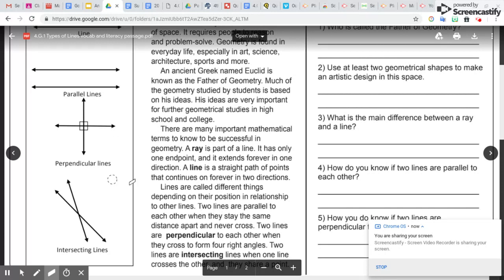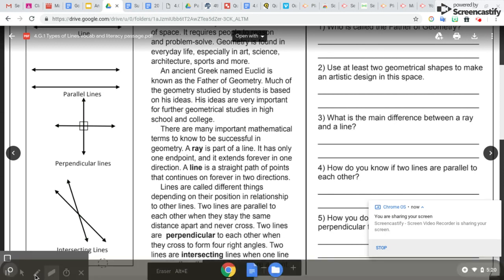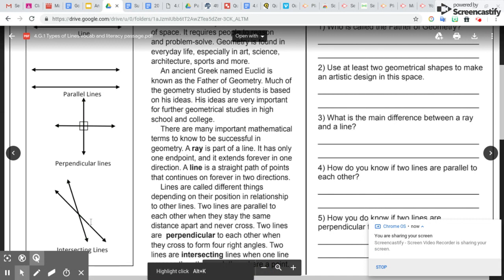So for parallel lines, it says two lines are parallel to each other when they stay the same distance apart and never cross. Boom. Remember that. These are your parallel lines.